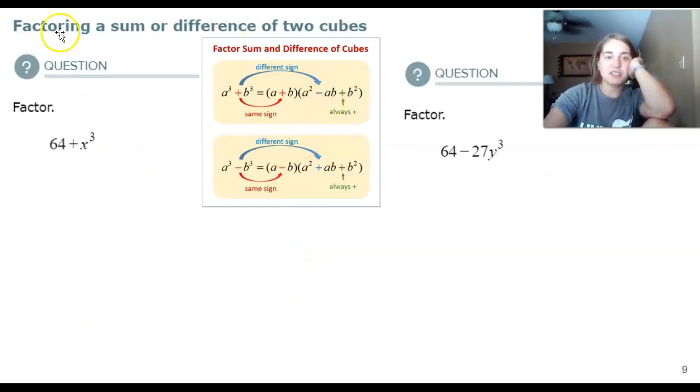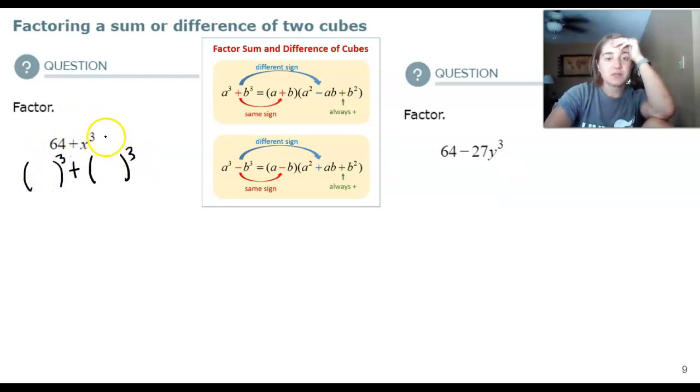So here's the formula. First thing we need to identify is we know there's a plus in between. But can we write this as something cubed plus or minus something cubed? So I know this is x. This is 4, so my a equals 4. My b equals x, and now I'm going to plug it into the first equation.